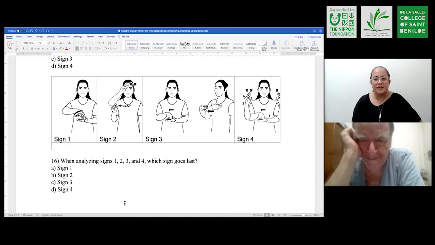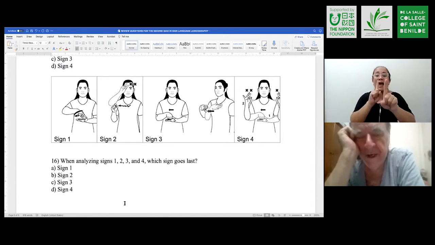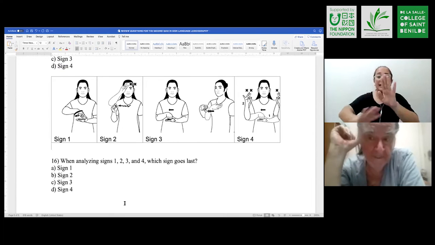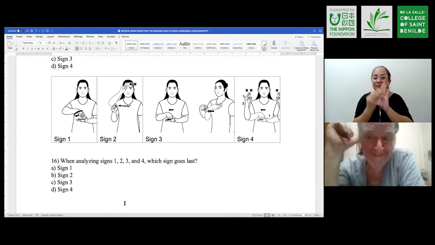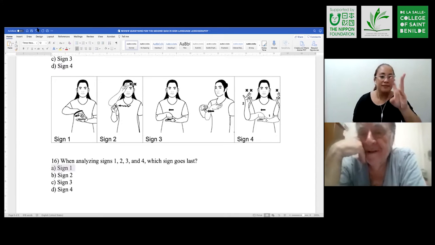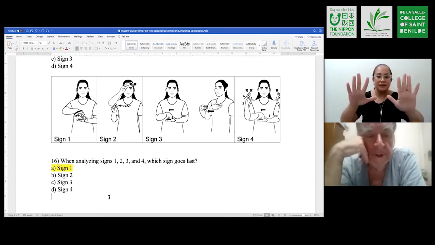Shock changed his mind. It's A. Yes, A, because it's a two-handed sign and because of the handshake. Figure out the handshake. Yeah, okay. All right, you can stop sharing now.